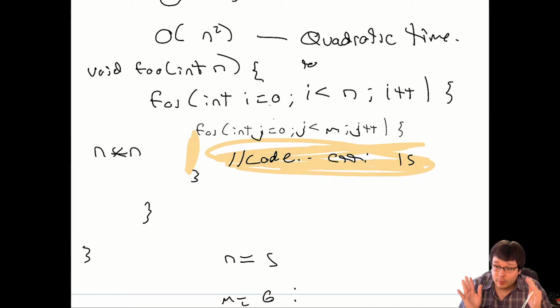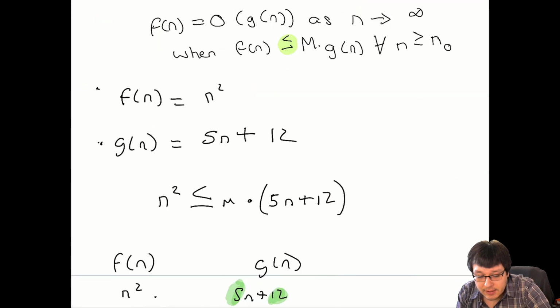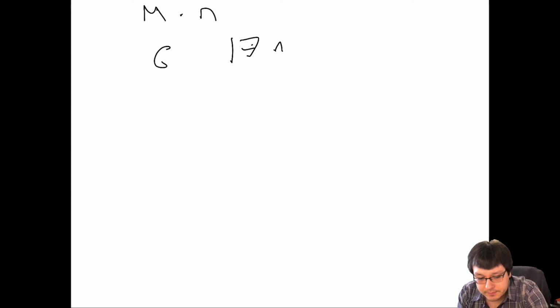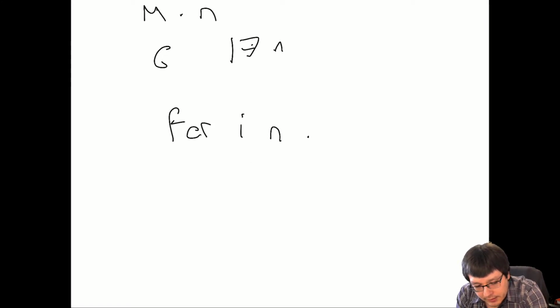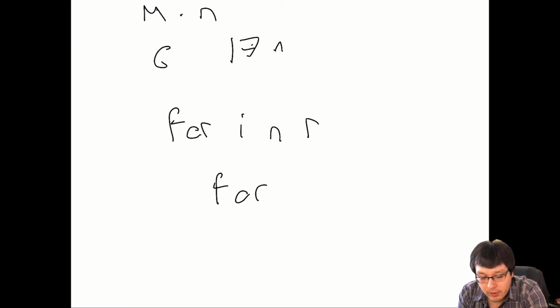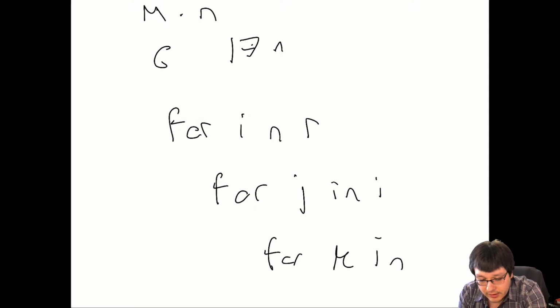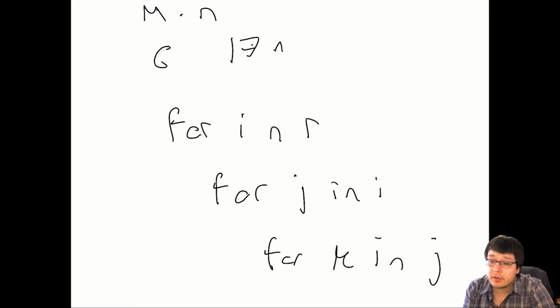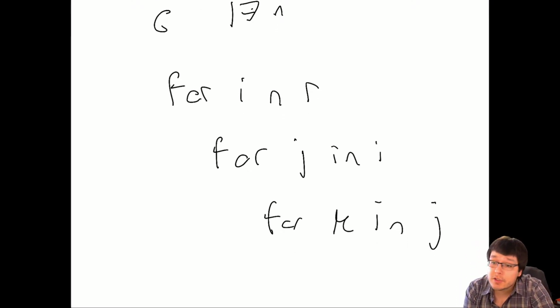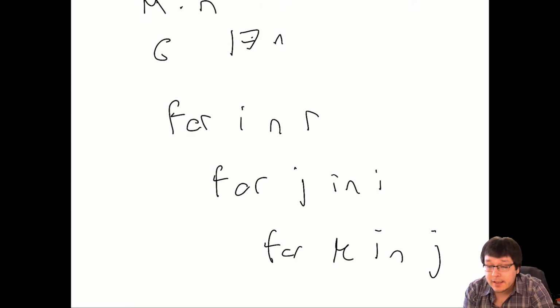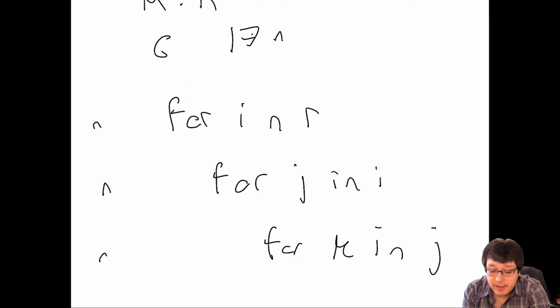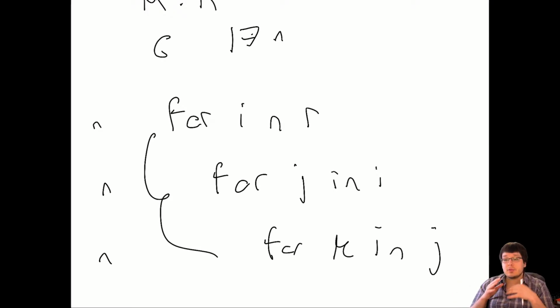If it's a nested loop, like if you have one loop inside another loop, for example, for i in range, and then in here you have for j in range, and then you have for k in range, something like that. Okay, so you got 3 nested loops in there. This is a 3-dimensional array you're working with or something. In this case, each of these is a size n, then this takes n cubed. So basically, if the loops are nested, you multiply them together to get the asymptotic complexity. So this will be n cubed.